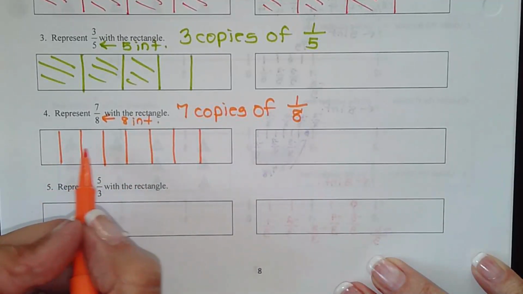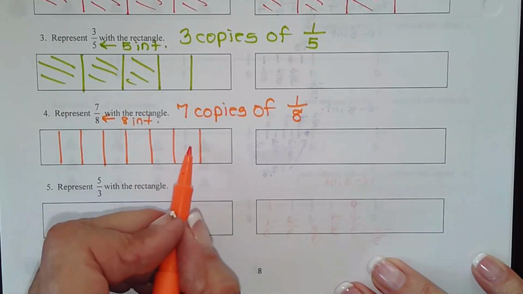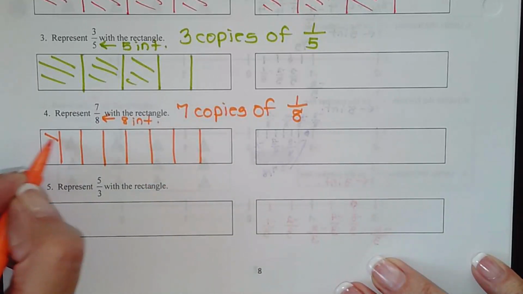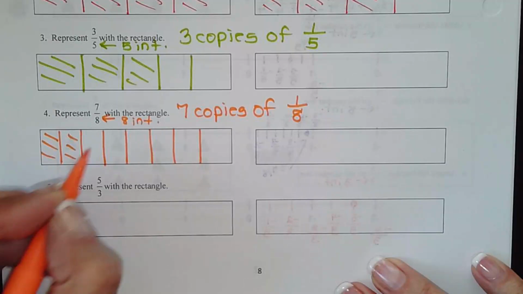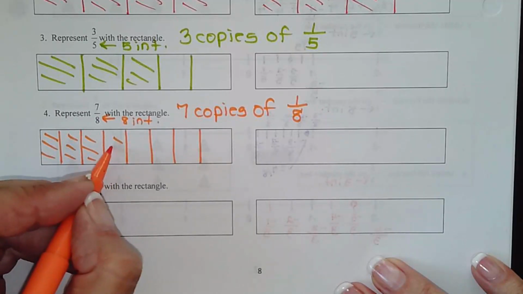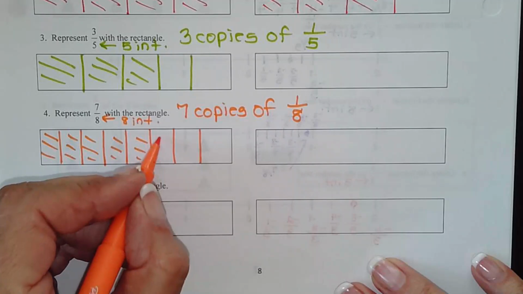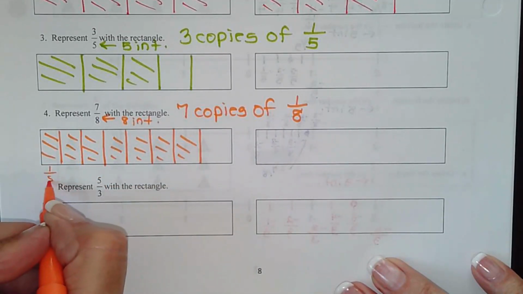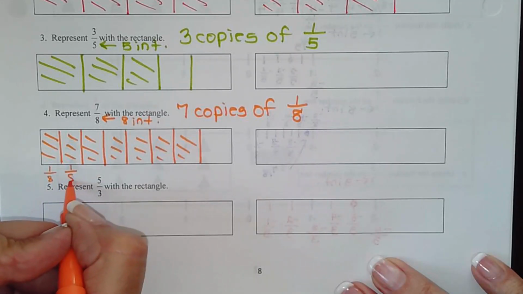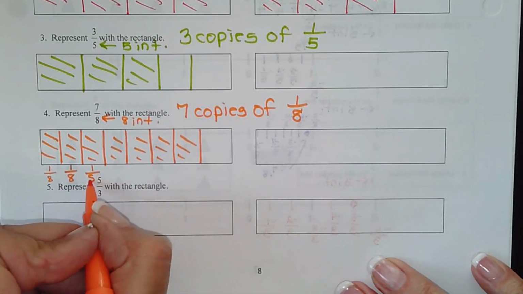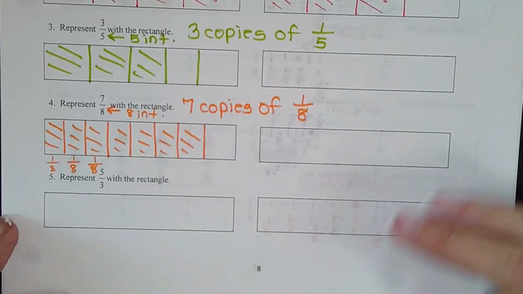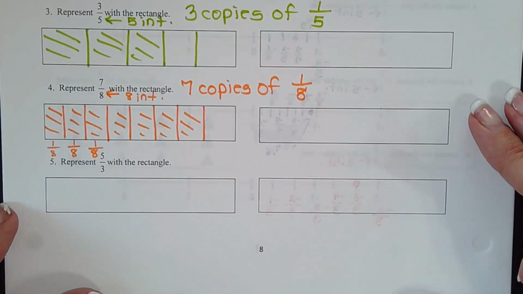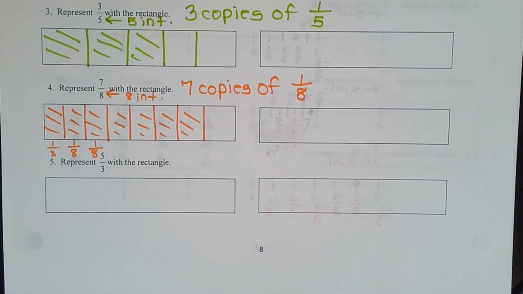So 1, 2, 3, 4, 5, 6, 7, 8. And this is 7 copies of 1/8: 2 copies, 3 copies, 4 copies, 5 copies, 6 copies, 7 copies. Because remember, each one of these is 1/8. So 7 copies of 1/8 is shading in 7 of those 1/8 figures.